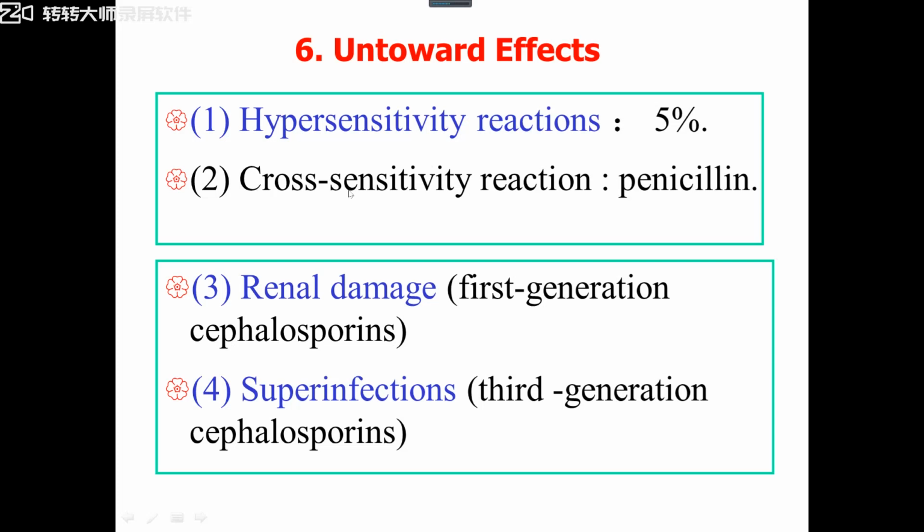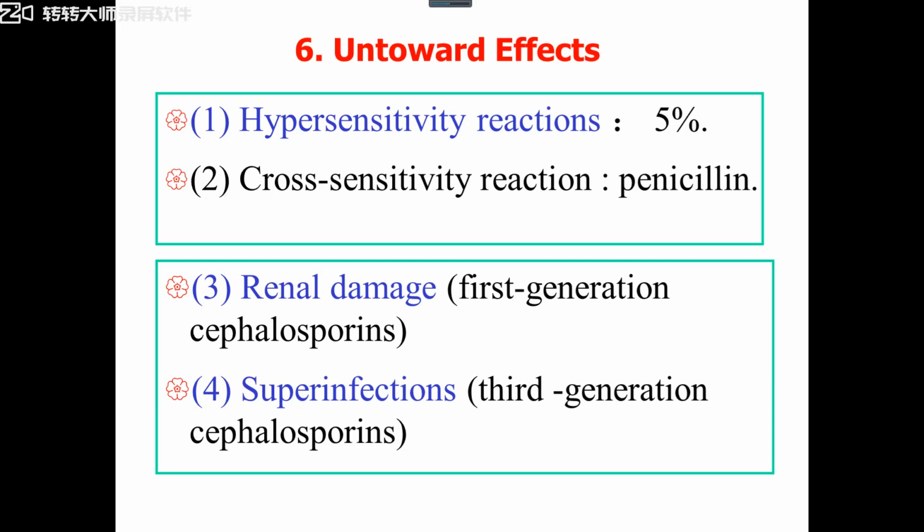Same as penicillin, there is a cross sensitivity reaction. What's the meaning of cross sensitivity? It means a patient who has an allergic reaction to penicillin couldn't use cephalosporins, because they also have allergic reactions to cephalosporins.